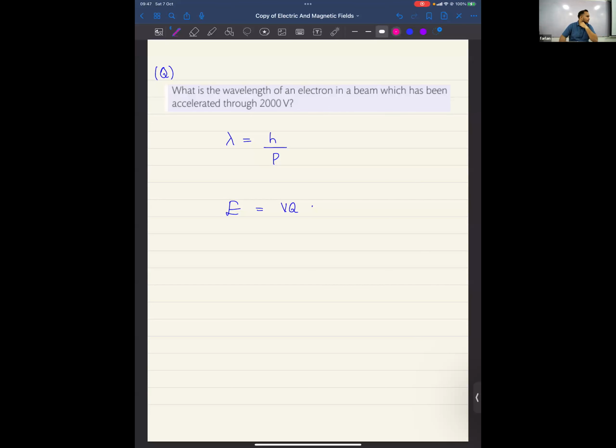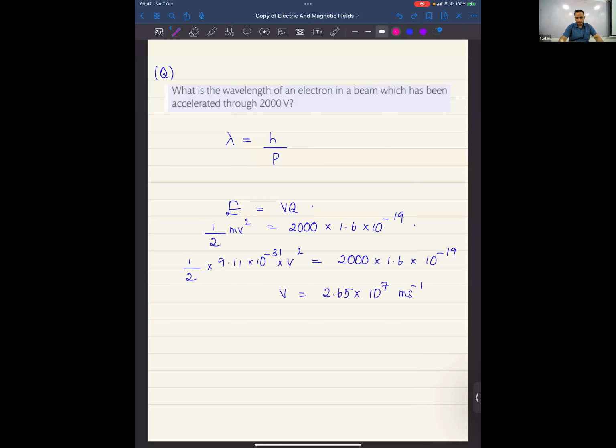Okay, what is the speed? 2.65 into 10 to the power 7. Yeah, I'm getting 2.65 into 10 to the power 7.